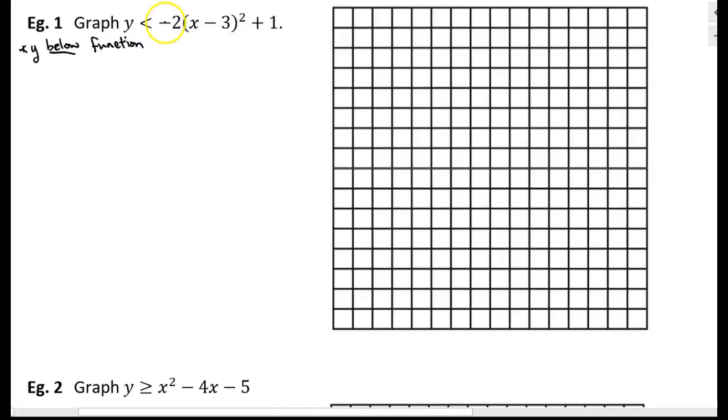But otherwise, we already know how to graph this if it were y equals negative 2(x minus 3) squared plus 1. This is vertex form. So I know my vertex is at 3 and 1, and I know that my shape is going downward, so it's a maximum.